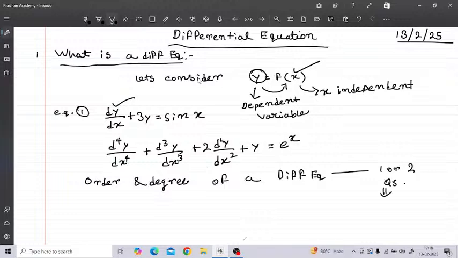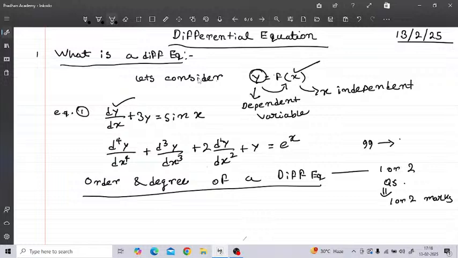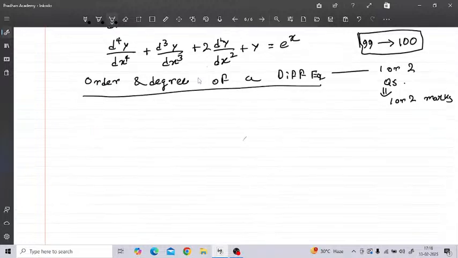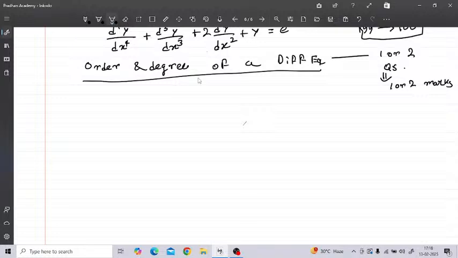It means its weightage is 1 or 2 marks from this order and degree of a differential equation, but this 1 or 2 marks can make your 99 into 100 marks. So we can't lose this easy 1 mark so easily. So we will revise this easy topic, but most of you ignore it because it is so easy and make so many mistakes in exam. So first of all, we will revise the theory of this, then we will practice some questions.